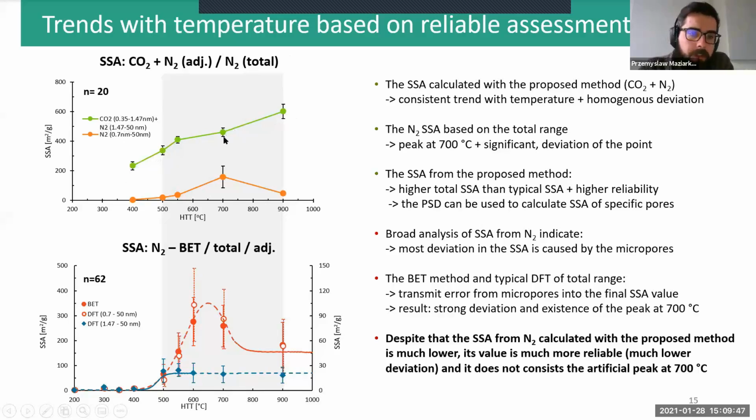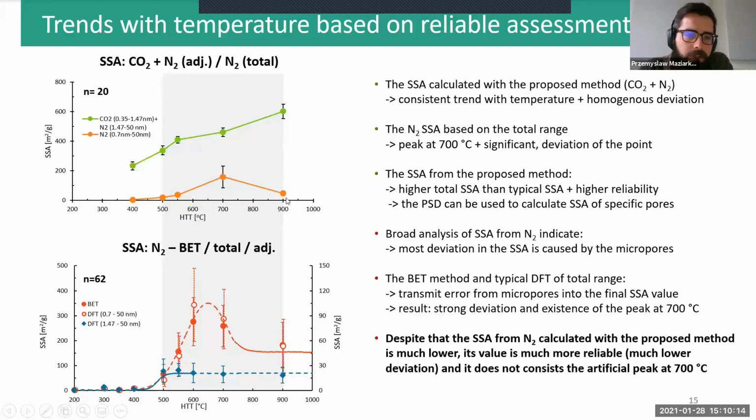There is no peak really visible in here. Also, the deviation among the points is homogeneous. That means that none of the points has some additional, uplifted, enhanced error inside. On the other hand, from the nitrogen, as we expected, the point at 700 degrees shows very high deviation, only in that point.